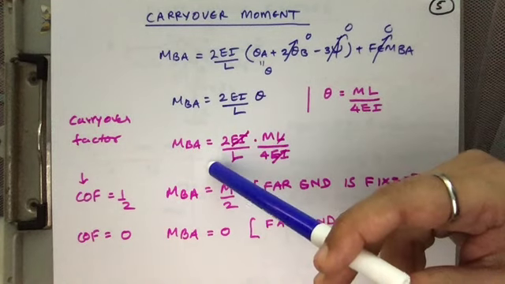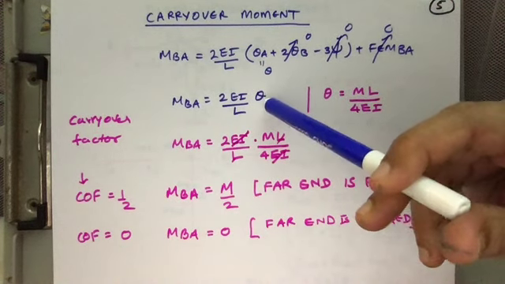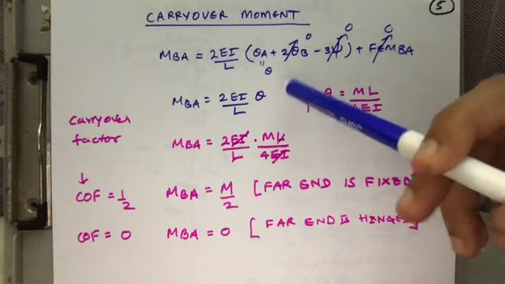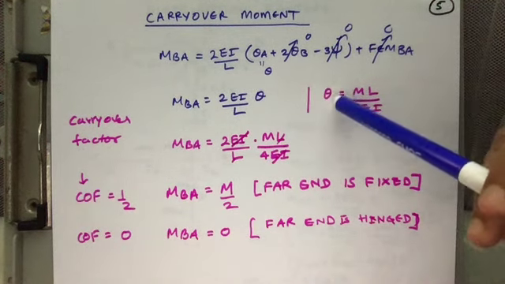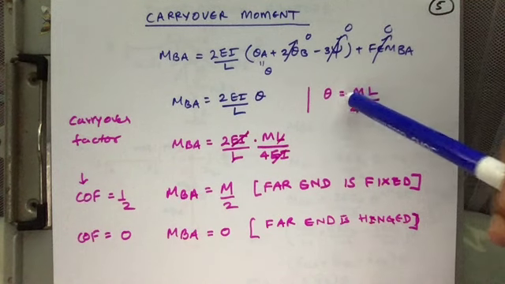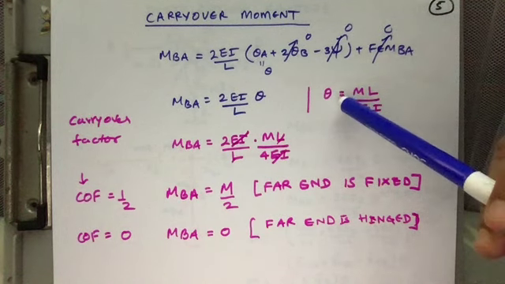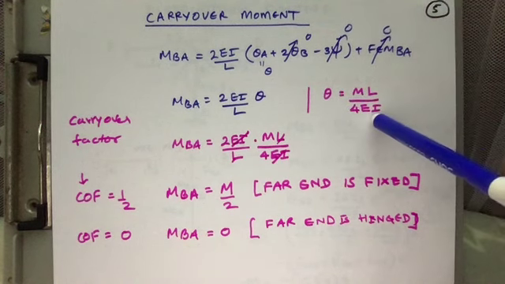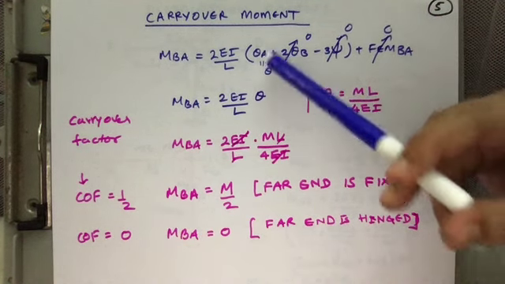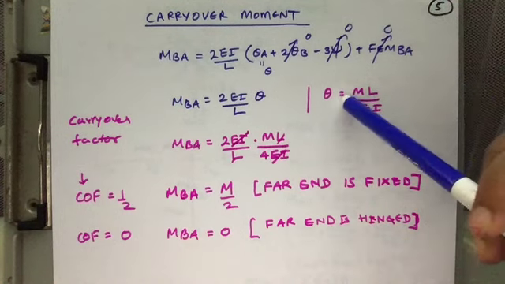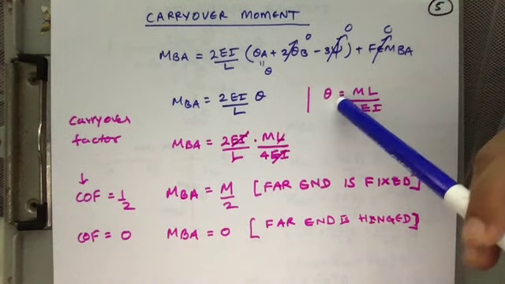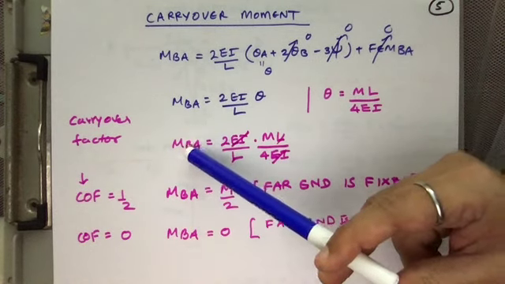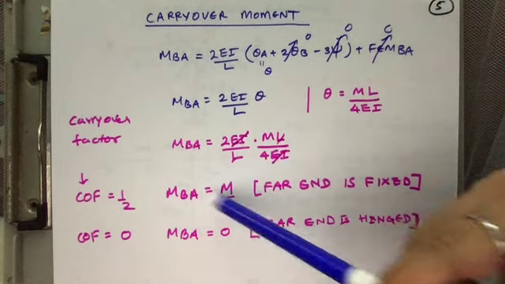From this, for MBA, you can substitute theta from the first equation, that is from the slope deflection equation we have obtained M is equal to 4EI by L into theta. From that we can write theta is equal to ML by 4EI, and that theta was nothing but theta A in that equation also. So we can substitute theta is equal to ML by 4EI into this equation, and we are going to get the far end moment, that is MBA is equal to M by 2.